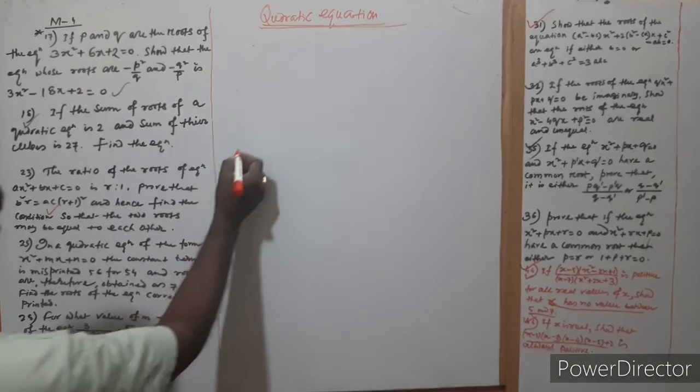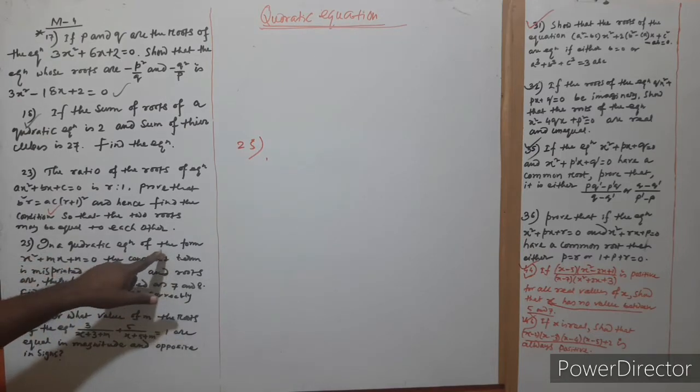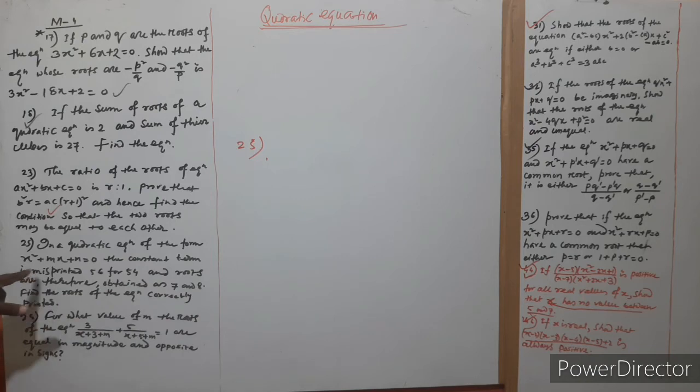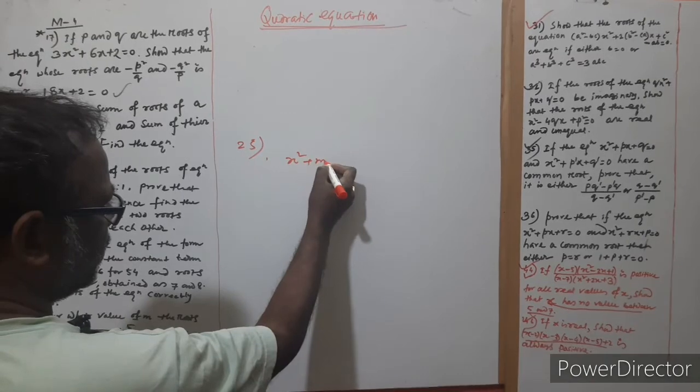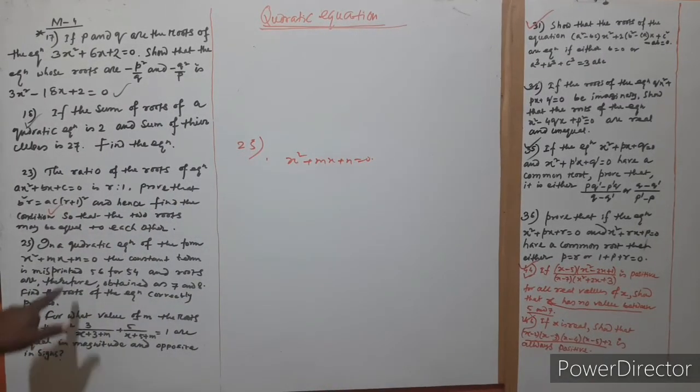See the question. In a quadratic equation of the form x square plus mx plus n equal to 0, the constant term n is misprinted 56 for 54, and the roots are therefore obtained as 7 and 8.